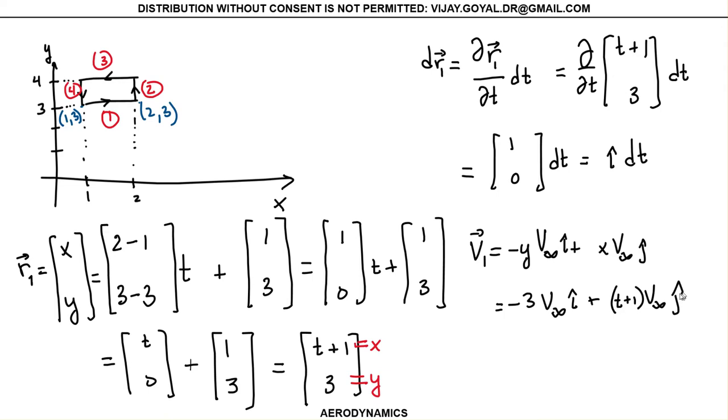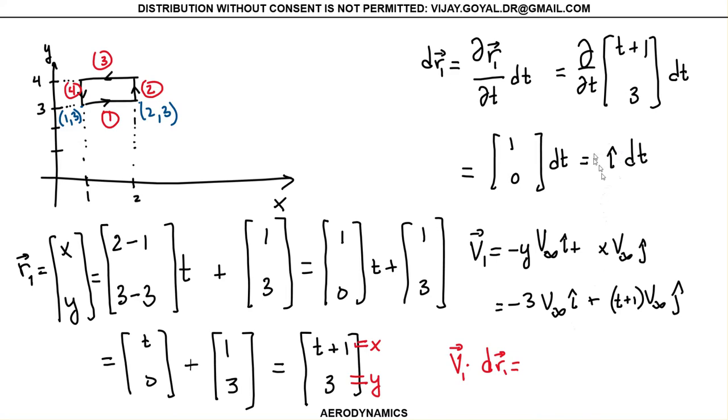Now to simplify what we're going to do, let's take this one piece at a time and later we will add them all together. So I take v dot dr1, the dot product of this and this.